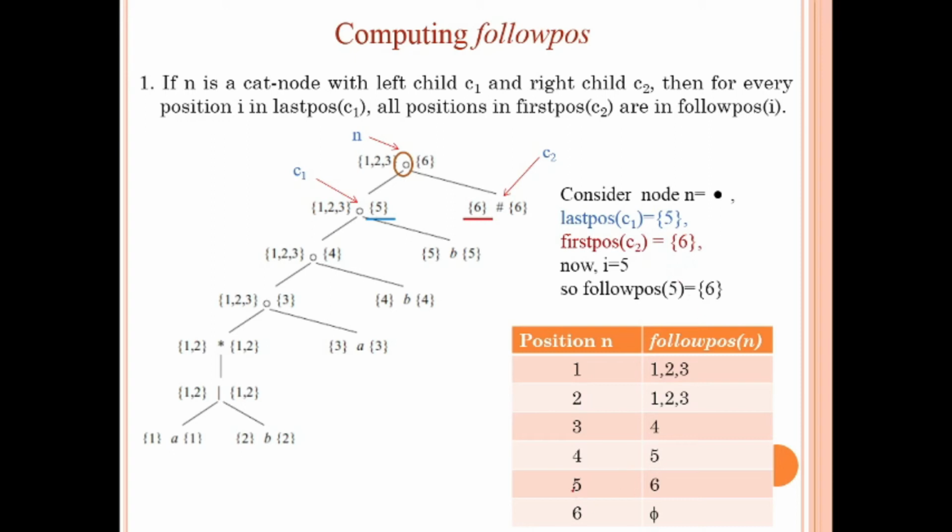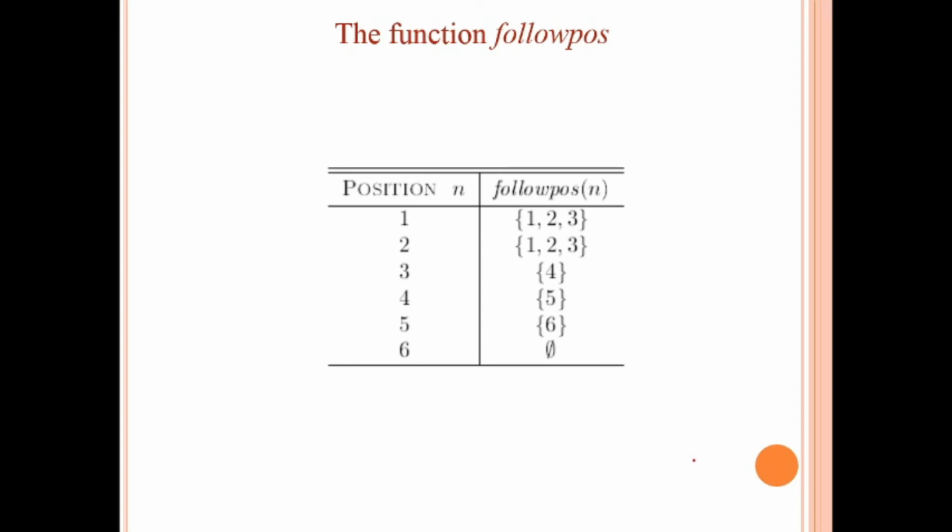So follow position of 5 is equal to 6. And finally we can see node 6 does not have any further first position or any further parent, so we can say that follow position of 6 is empty. So this is the complete table of the follow position, which we have already constructed.